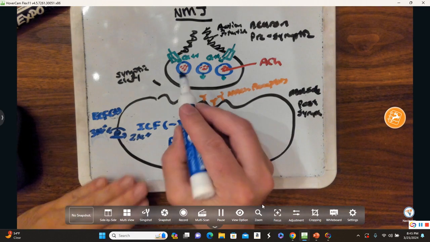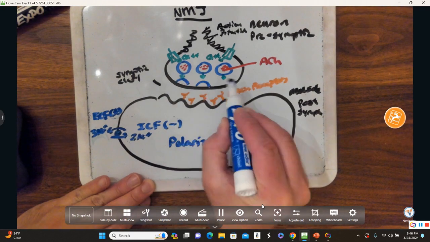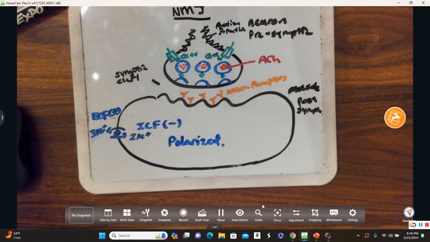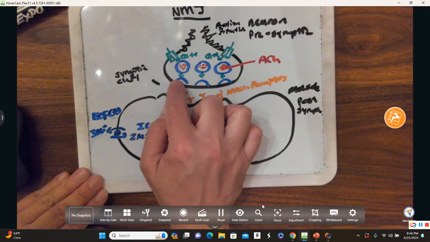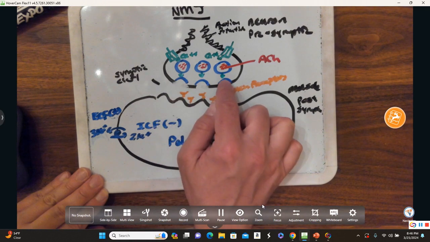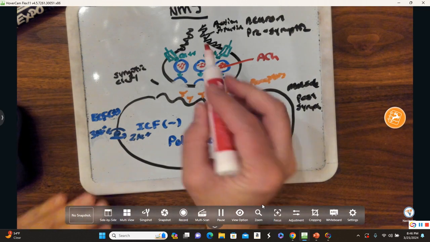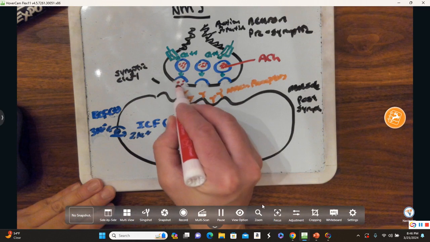Maybe it's kind of like we found some evidence that shows these prisoners are, in fact, innocent, and we give that evidence to the parole board, and the parole board says, let them go. They are innocent people. So this will make the release of acetylcholine happen.